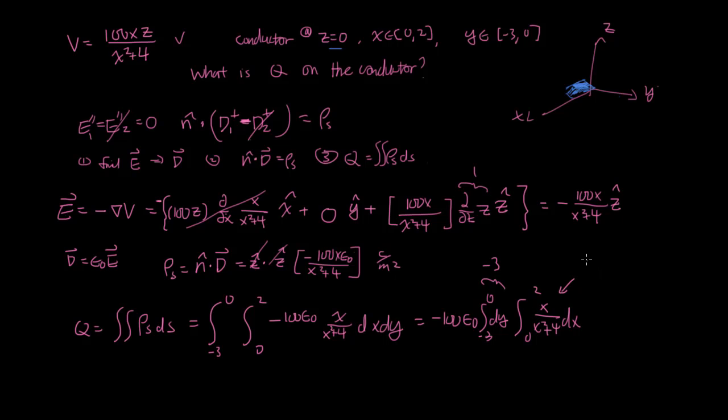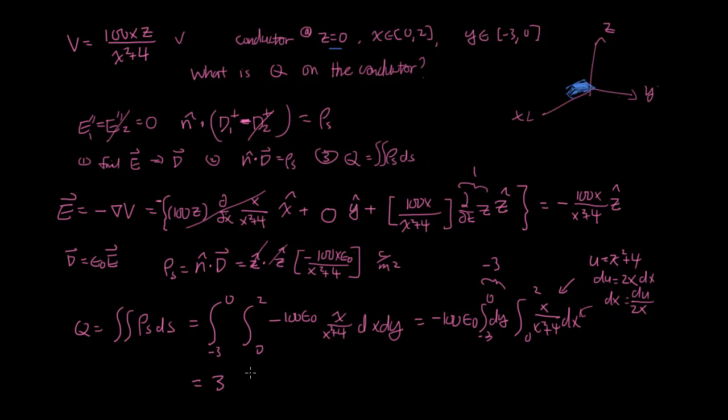Going back to basic calculus skills, this is a u substitution scenario where you set u equal to x squared plus 4. du is going to be equal to 2x dx. Therefore, dx is going to be equal to du over 2x. You plug those in, and you'll see that your x's cancel out, which is nice and happy.